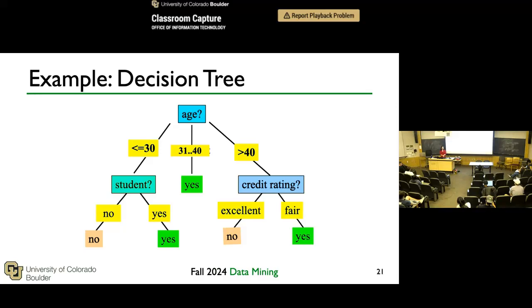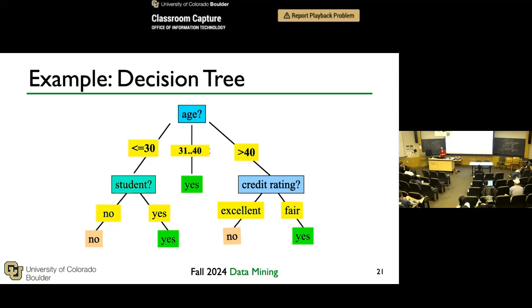I can, right? Technically, I can just take all the possible combinations. At each level, I pick an attribute, figure out all the different options of assigning those attribute values, and construct my tree. Theoretically, you can do it, but you have too many possible combinations, right? So we cannot do it in a brute force way.